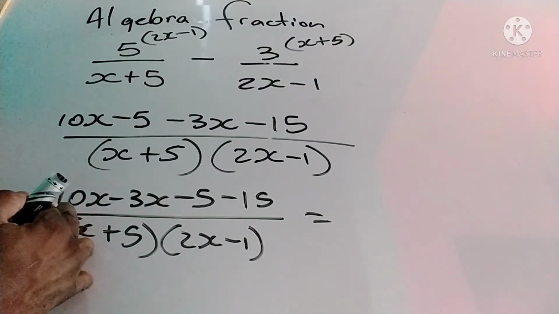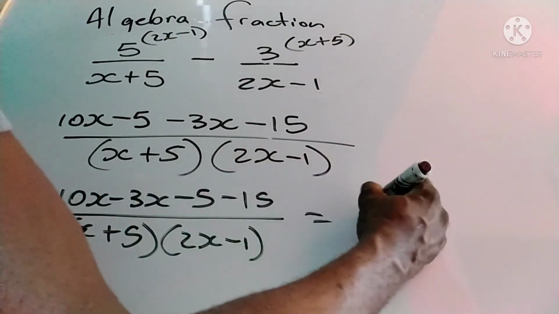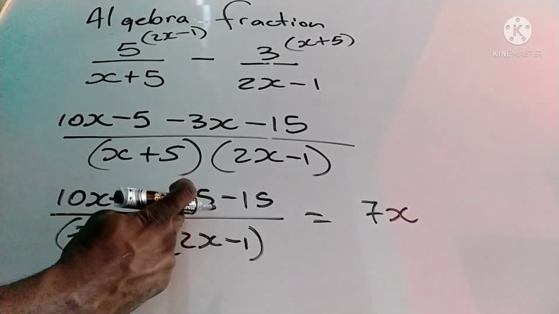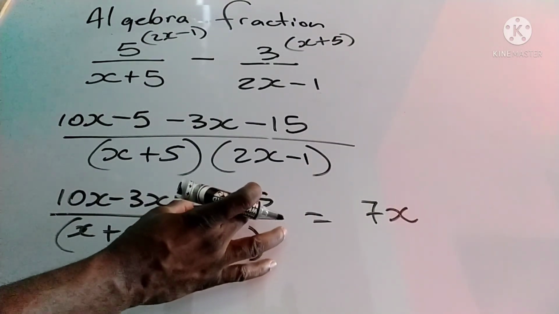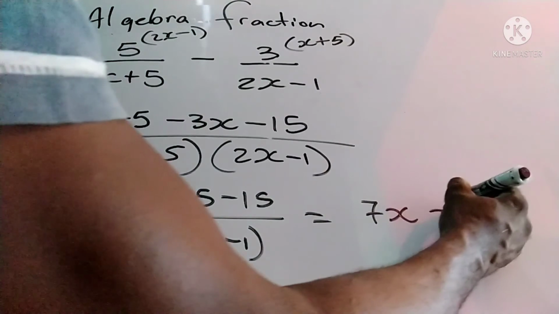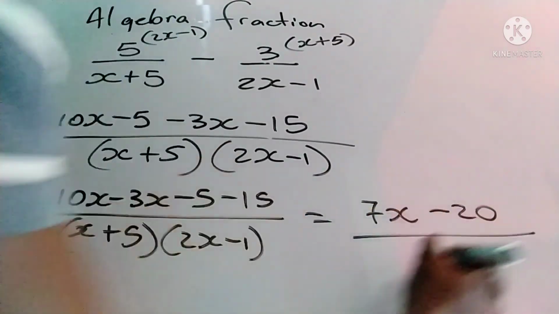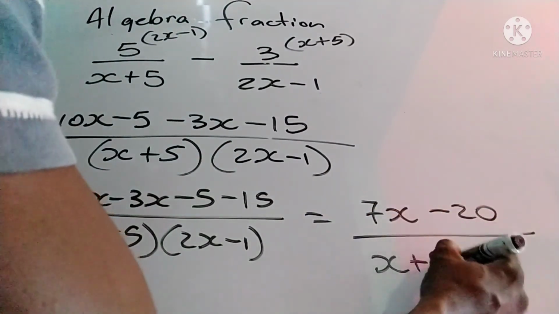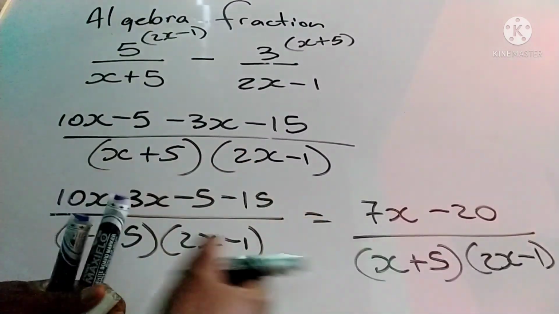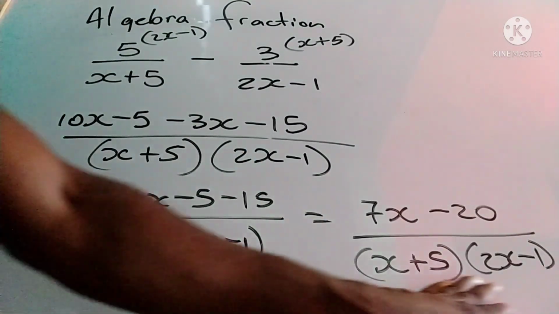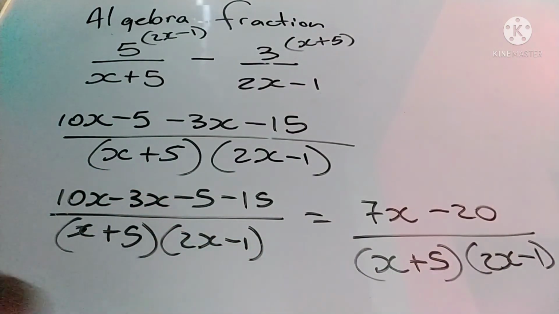So now 10x minus 3x, that is 7x. Negative 5 minus 15: we have the same sign, so we add and keep the sign, so that's negative 20. And all of that is over x plus 5 in bracket 2x minus 1. And we don't need to expand this. This is okay as our final answer.